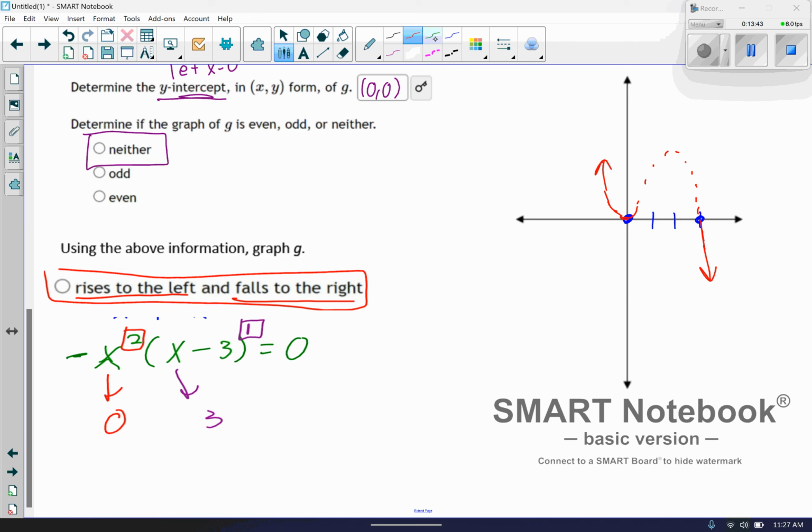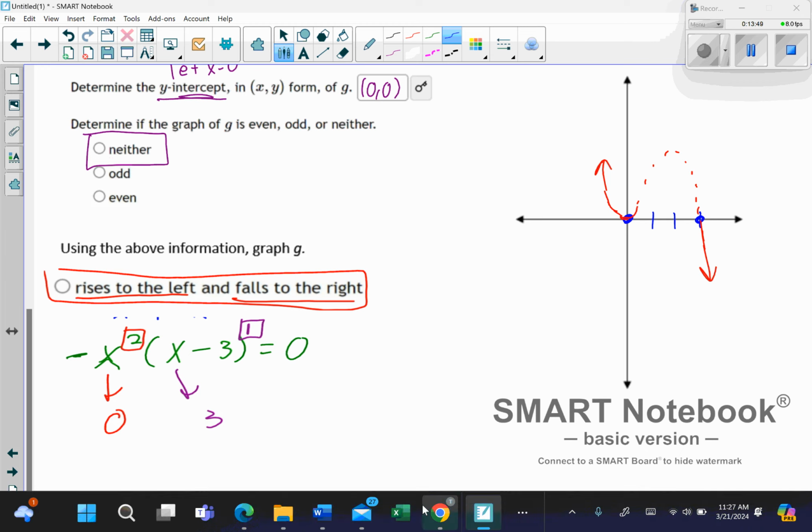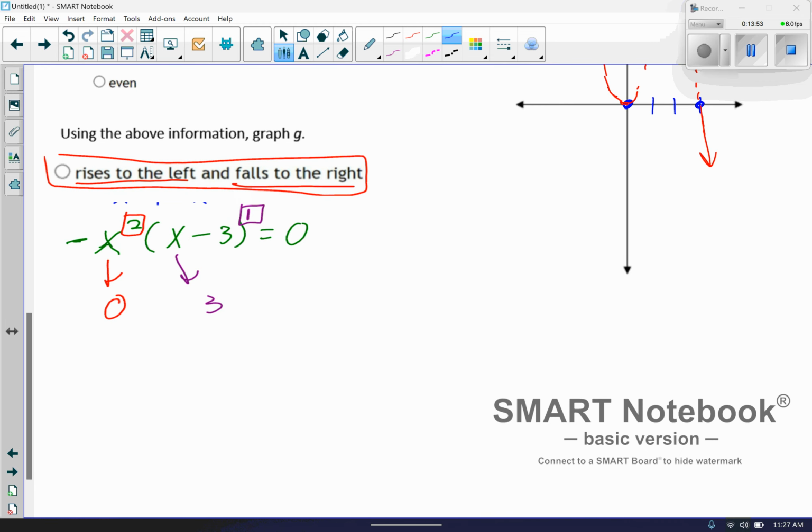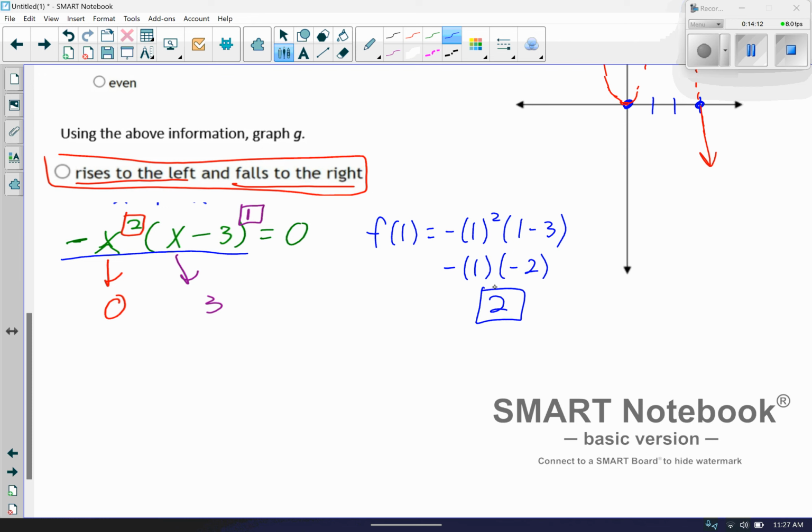But I'm going to figure out what f of 1 and f of 2 are, just so I can make sure I'm pretty accurate here. I'm going to give myself a little bit more space. Once again, I'm going to use this as my function. So f of 1, I would have negative 1 squared times 1 minus 3. This would become negative 1 times negative 2, which would become a positive 2.